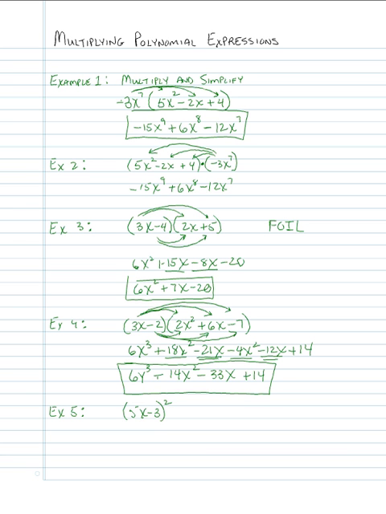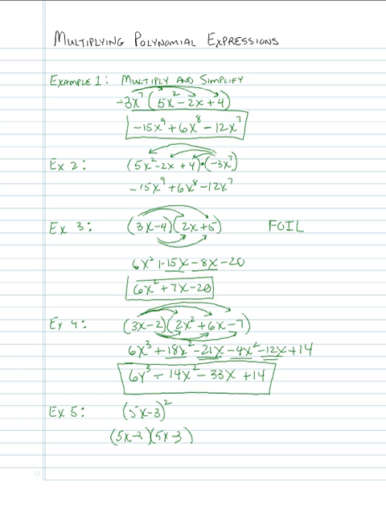We have to recognize what that exponent of 2 means. And that means we multiply those parentheses together. We use 5x minus 3 as a factor 2 times. This really says take 5x minus 3 and multiply it with 5x minus 3.